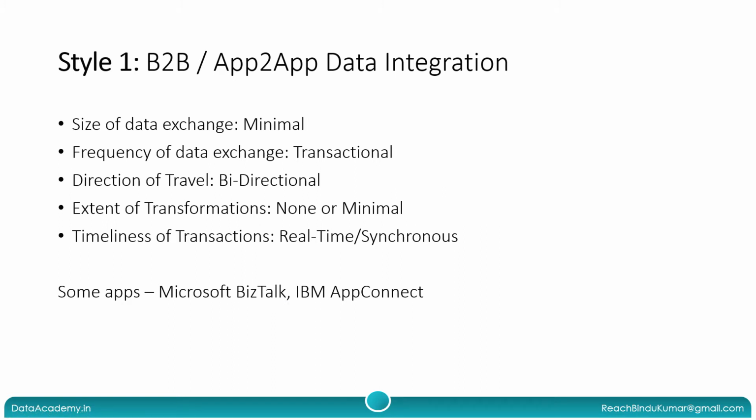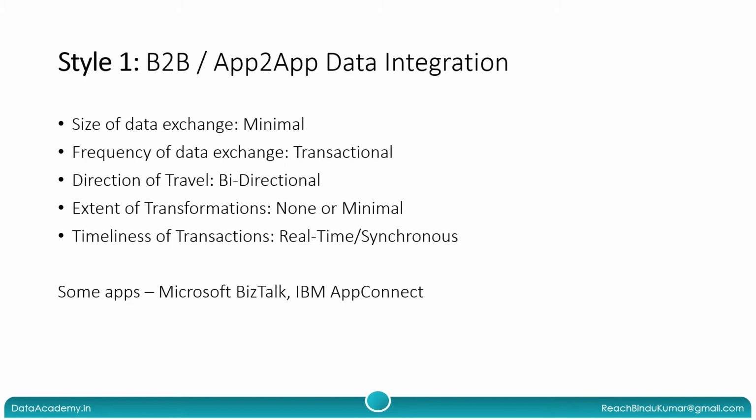So here you would have two, let's say, Microsoft BizTalk servers. For example, Bank of America would have one server and Citibank would have one server, and they would talk to each other by sharing XML files, because XML was the standard before JSON.